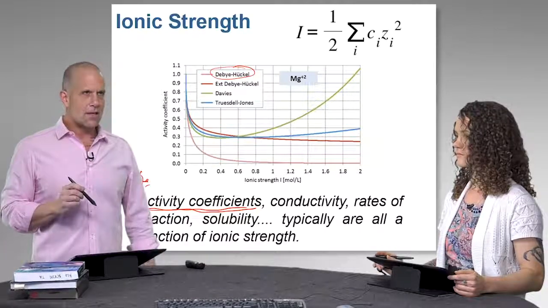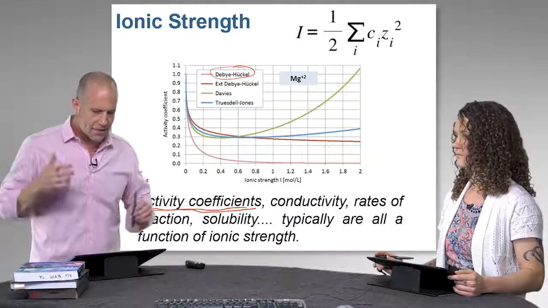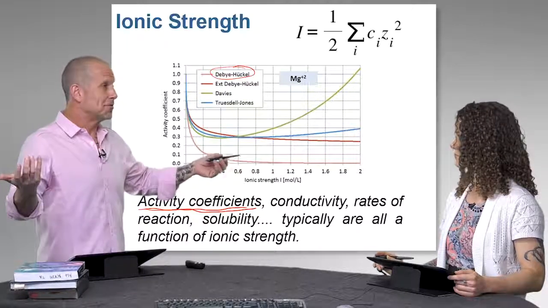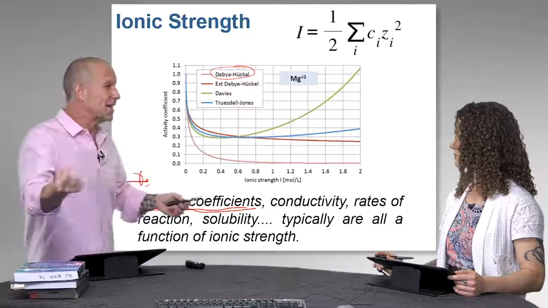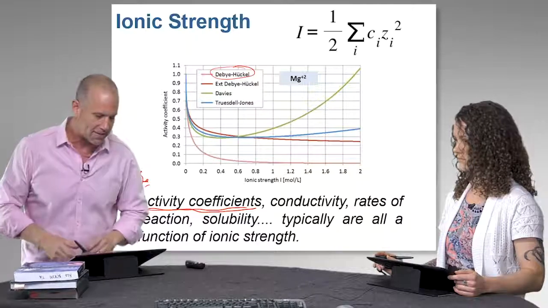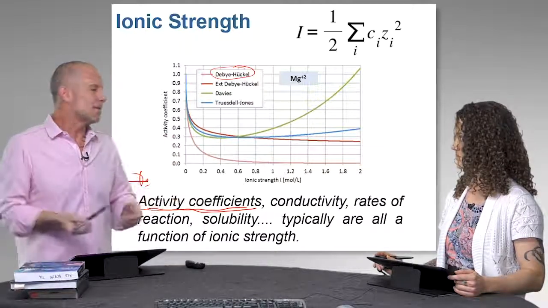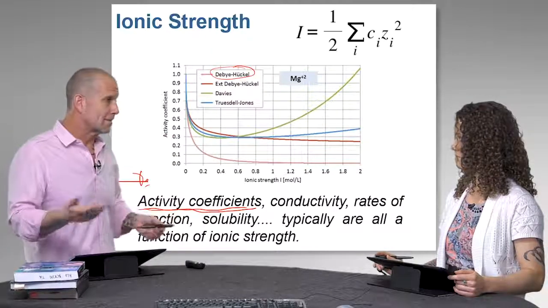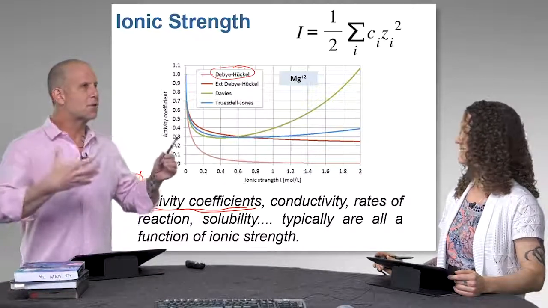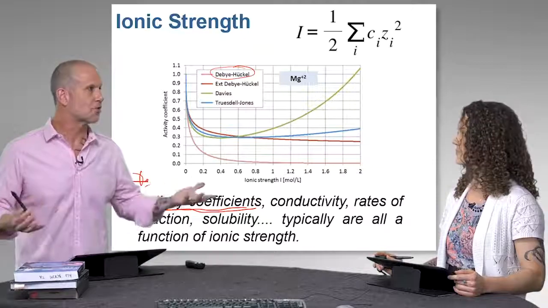But what I like to focus on is that the ionic strength, obviously, is the number of ions in solution, and it's going to be ion conductivity. So it directly impacts what the conductivity of the solution is. It typically dictates rates of reaction, solubilities, et cetera, because the Coulombic force is such a strong one.